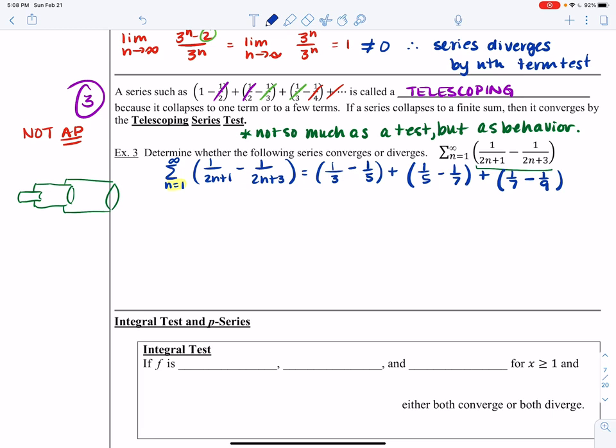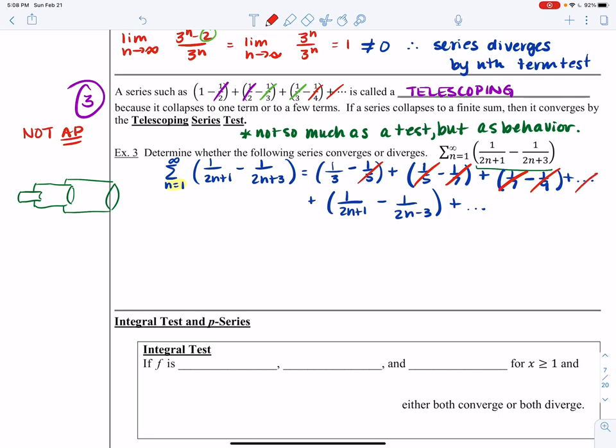And basically, this pattern is going to continue on forever and forever and forever, continuing in this form. Plus dot, dot, dot, plus dot, dot, dot. So if we notice, I can tell there's a minus 1/5 and a plus 1/5. And there's going to be a minus 1/7 and a plus 1/7. And eventually, even though I didn't list it out, there's going to be a minus 1/9 and a plus 1/9.